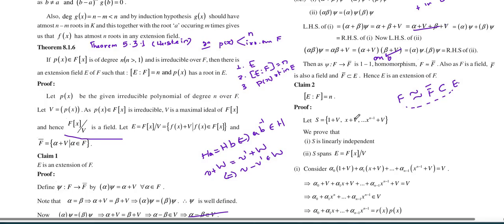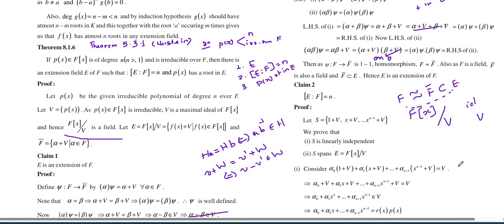Now we want to show that this is linearly independent. So the linear combination should be equated to the identity element, where we have taken all these elements from F[x] mod v. So in this, the identity element is v. That is why you are choosing the linear combination to be equated to the zero element, which is nothing but v over there.